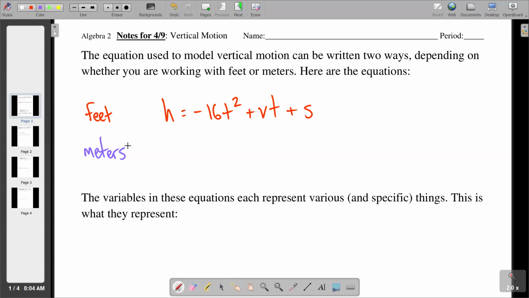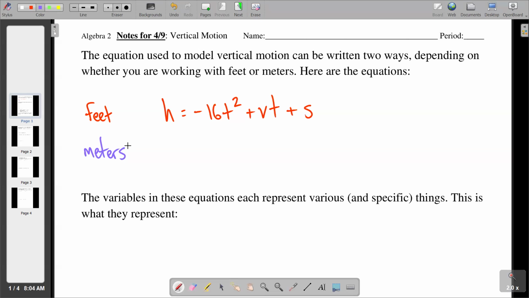Obviously, things have to change. If you measure Earth's gravitational pull, things accelerate towards the Earth at 32 feet per second, right? But things accelerate towards the Earth at 9.8 meters per second. So you have to consider that there are different ways to express things.